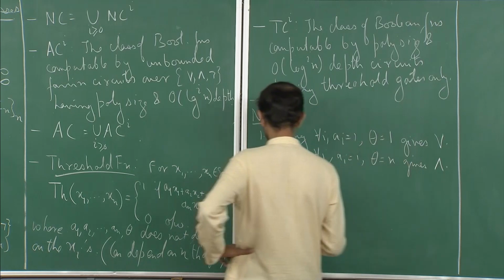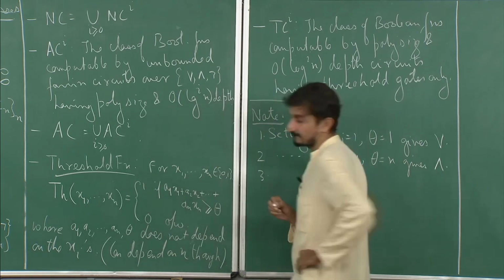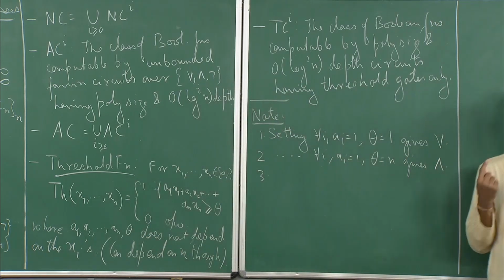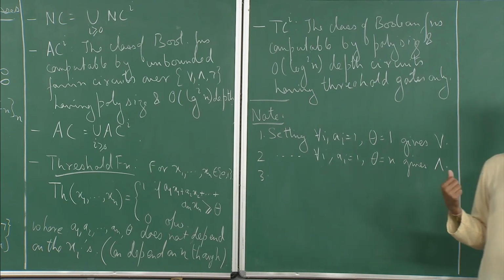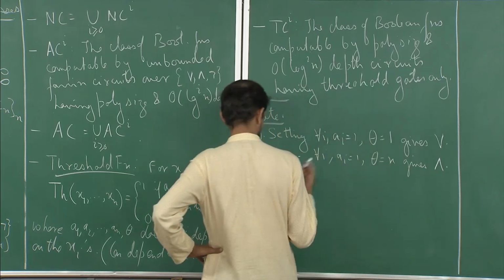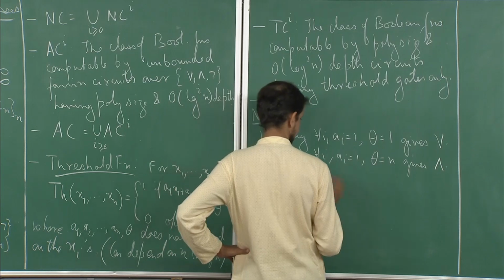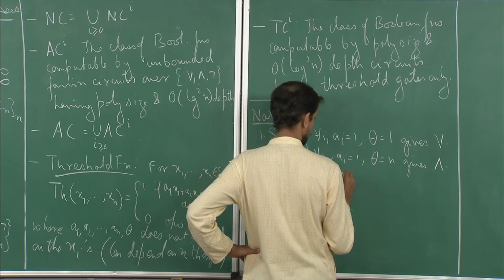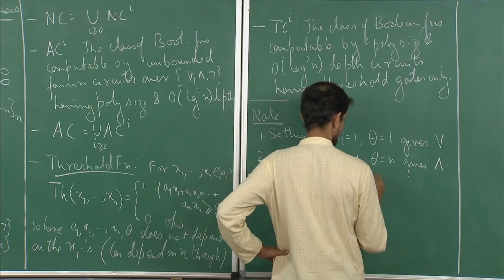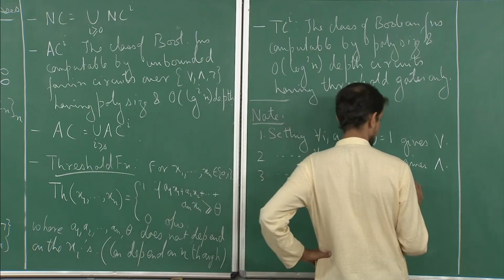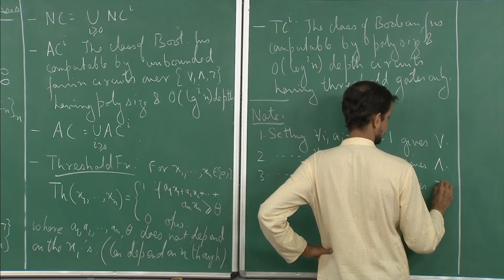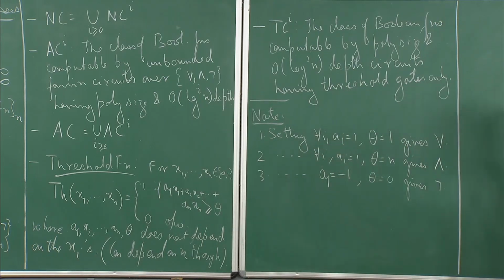What about NOT? So a NOT gate will always have a single input. Okay. So what do you set a1 to be and theta to be? So there are many ways to do it, but one way is setting a1 to be -1 and theta to be 0 will give you the NOT gate.